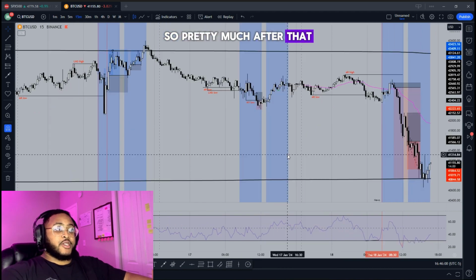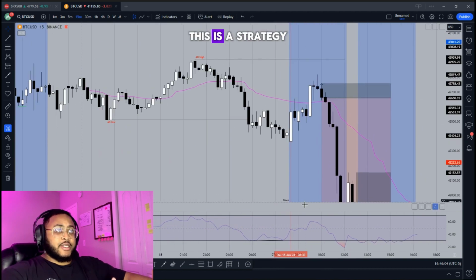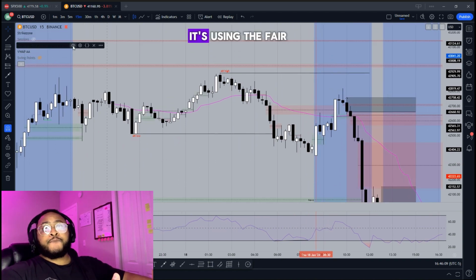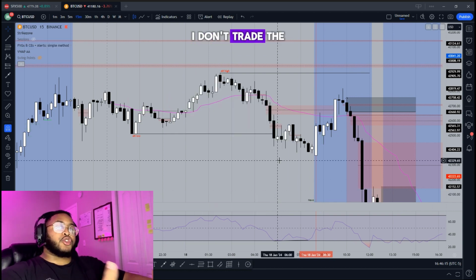So pretty much after that, the next thing that I'm typically looking for, and this is a strategy that I picked up from ICT, is the fair value gap. Now, like I said before in previous videos, I don't trade the fair value gap as ICT trades it.